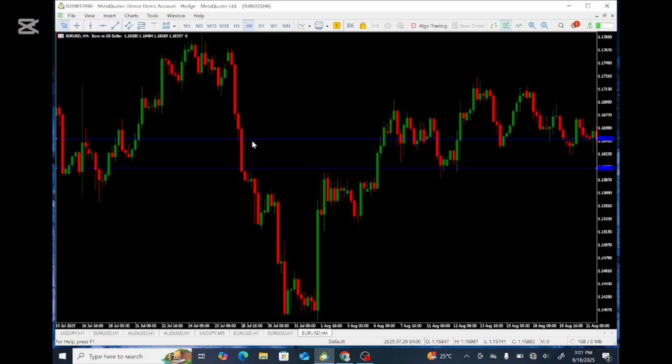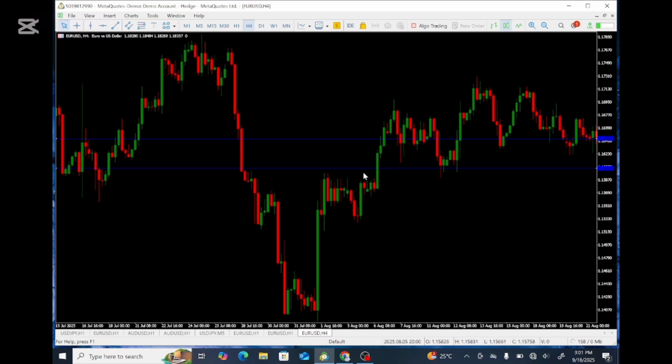Okay, so when you identify a bearish fair value gap, you wait for the market to go down until the moment it will come back and touches this fair value gap.